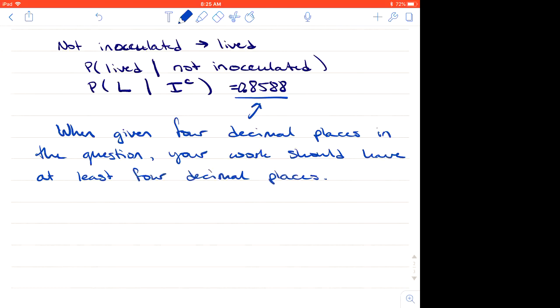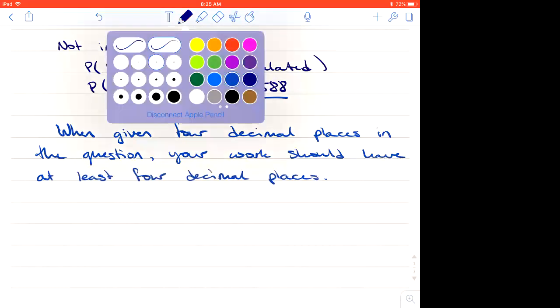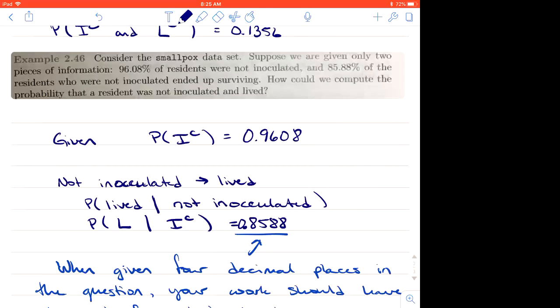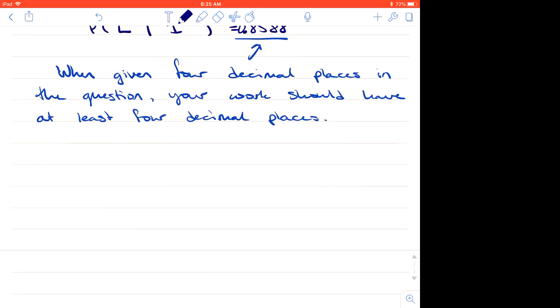We don't want to ditch them until potentially the very end. Okay. So what do we want to do here? How can we compute the probability that the resident was not inoculated and lived? Okay. So we want to find the probability that they were not inoculated and that they lived.